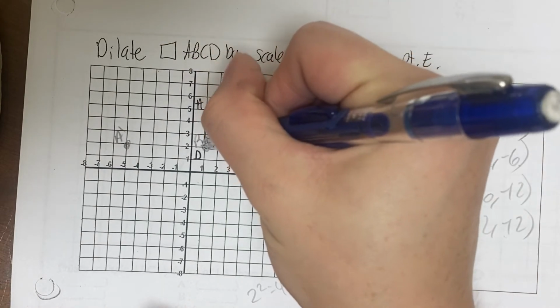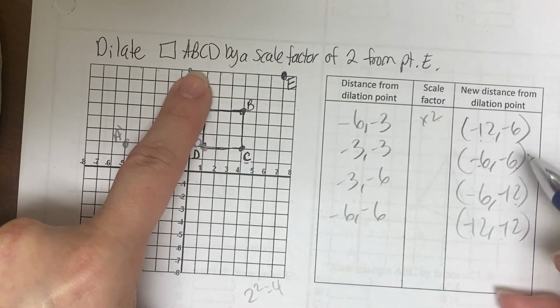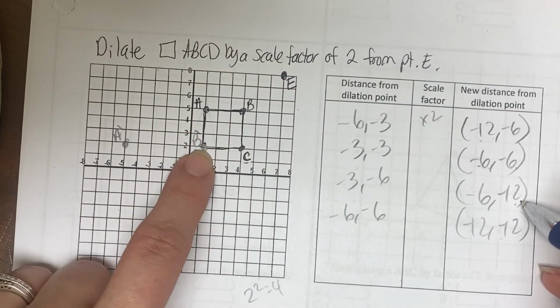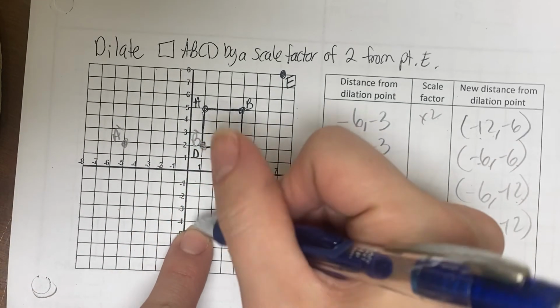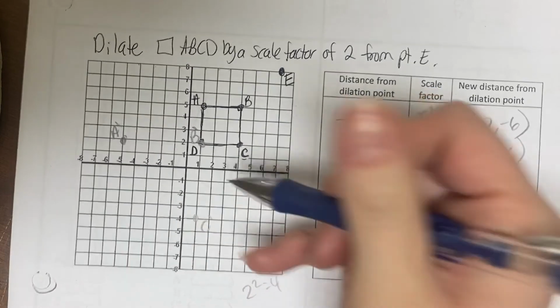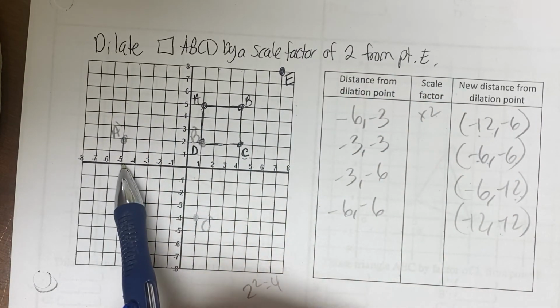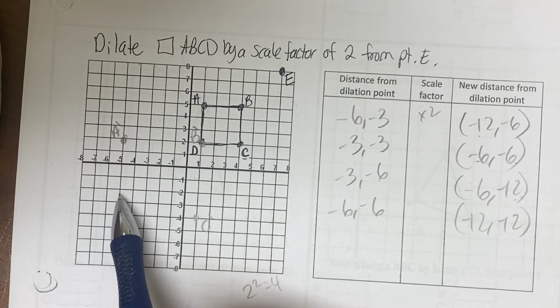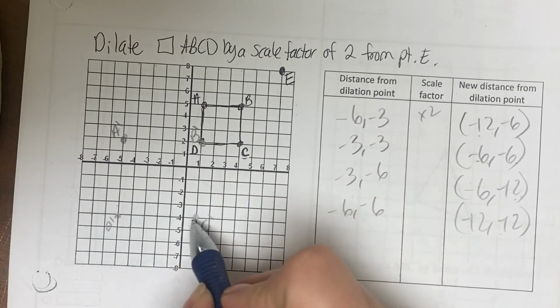So B prime landed on the D, that's fine. -6, -12. So I went left 6, down 6 to get here, so I need to go down 6 more. That would be C prime. And then D would be left 12, that was 6. D prime.